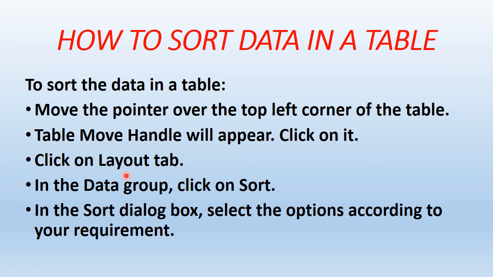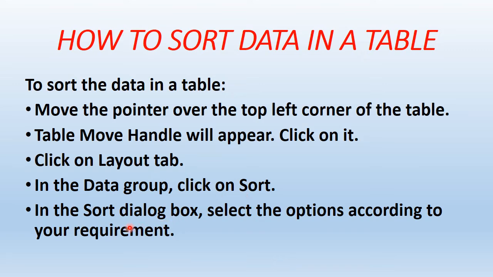Now after the selection of the table, click on the Layout tab. In the Layout tab, you will get a group. Which group? Data group. In that data group, you will get an option Sort. You have to click on that Sort button.